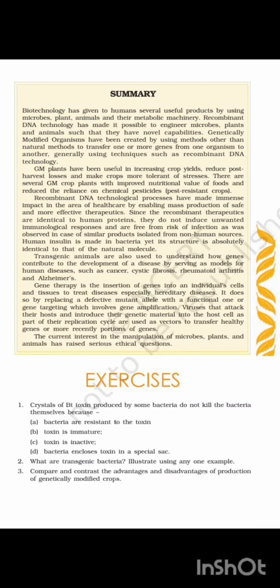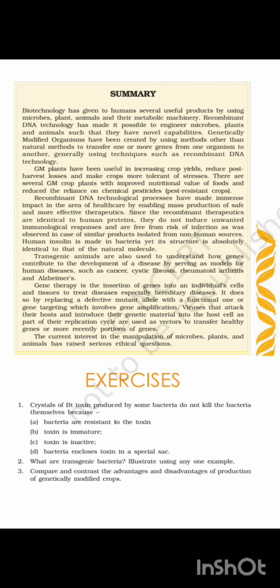Summary: Biotechnology has given humans several useful products by using microbes, plants, animals, and their metabolic machinery. Recombinant DNA technology has made it possible to engineer microbes, plants, and animals such that they have novel capabilities. Genetically modified organisms have been created by using methods other than natural methods to transfer one or more genes from one organism to another, generally using techniques such as recombinant DNA technology.